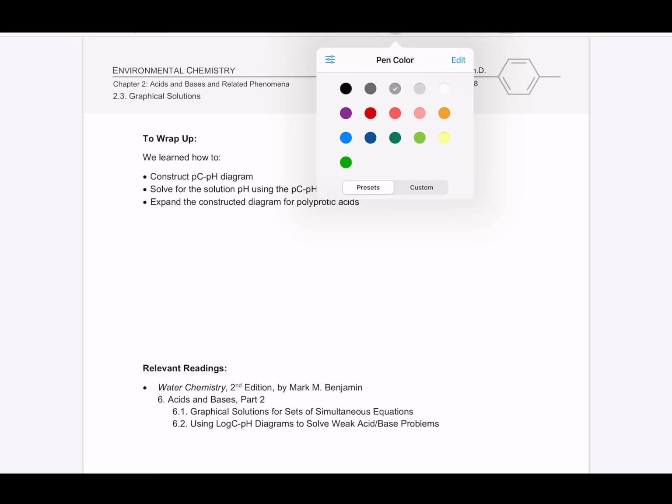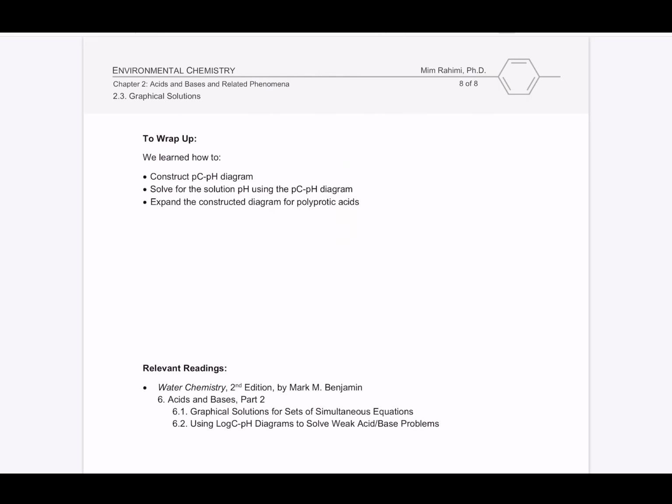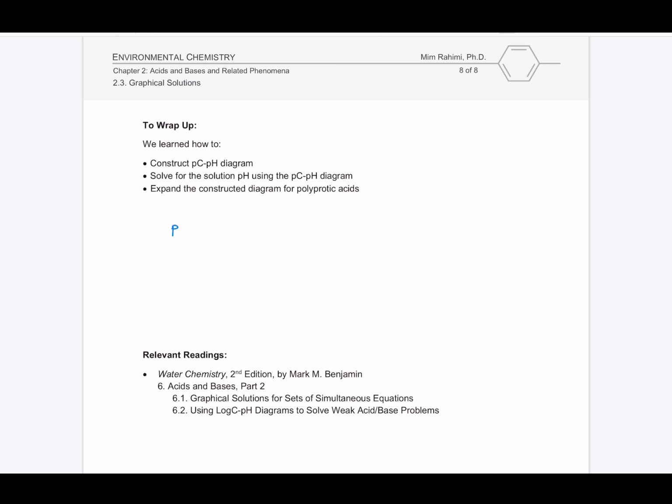So what you need to do, as I mentioned in the lecture, is go for pC-pH graphs, and it's basically a combination of individual lines for individual species.